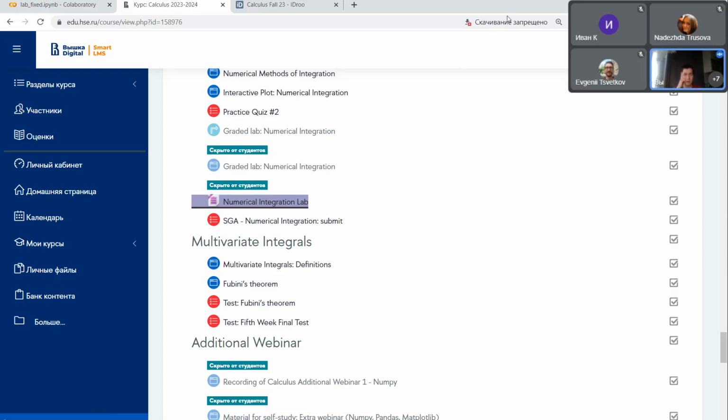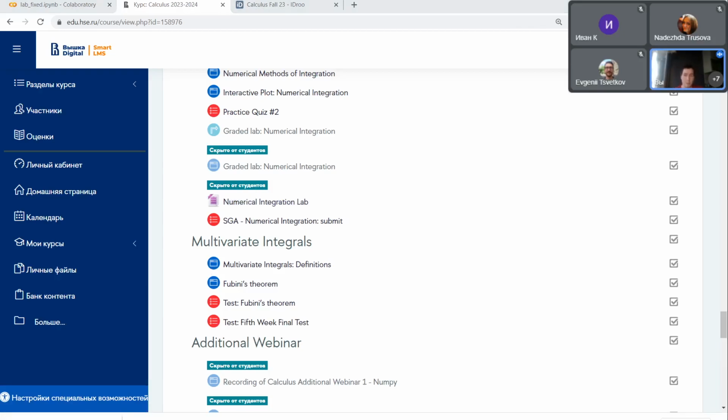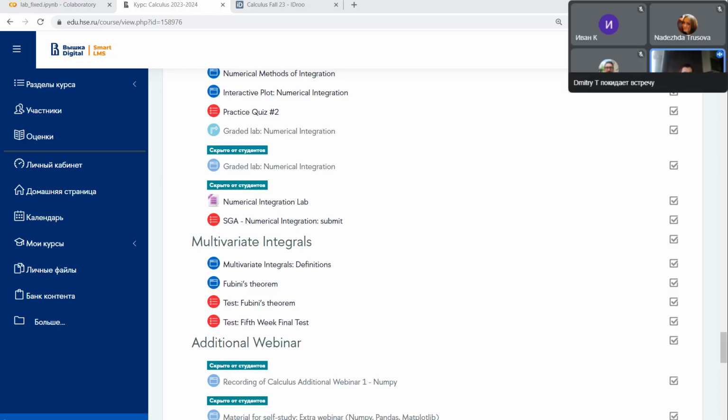I allow you to download, so you can download this zip archive. Here you can find the pictures that were supposed to be seen by you for this lab. And here you can find two files, lab fixed and lab pure.